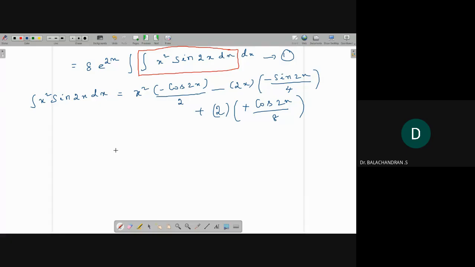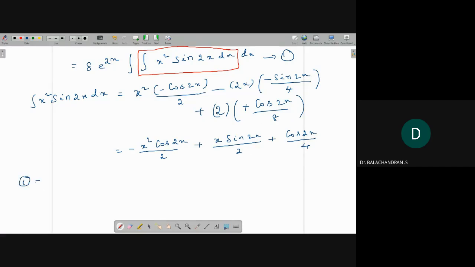This is equal to minus x square into cos 2x by 2 plus x into sin 2x by 2 plus cos 2x by 4. Now substitute this value here.